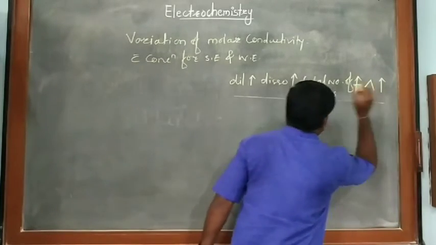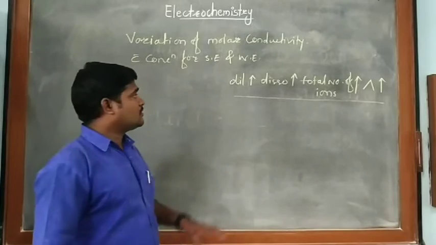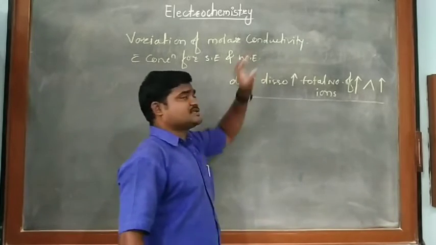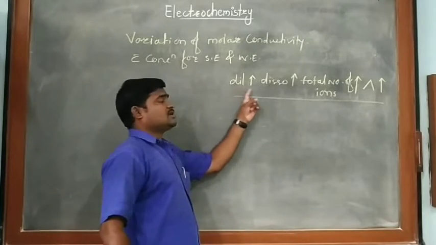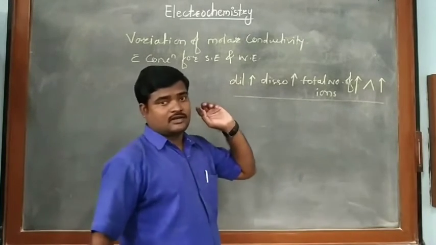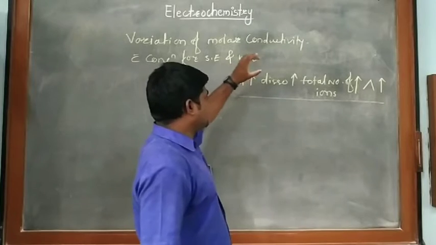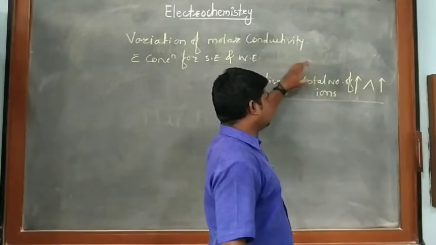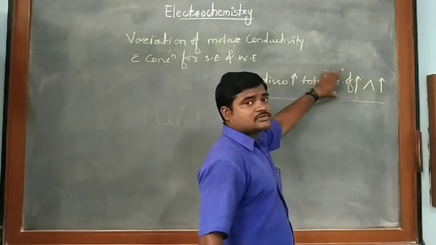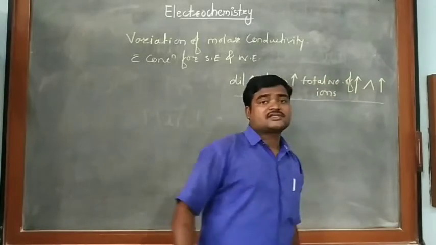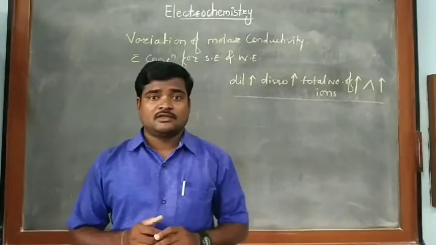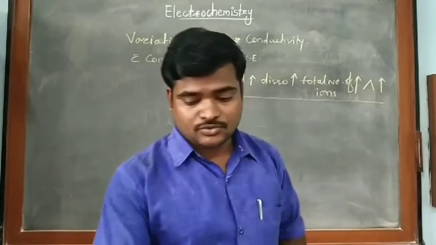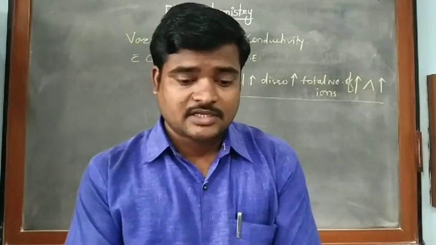So for simplicity, you should note this important relation and know it very well. As dilution increases, dissociation increases. As dissociation increases, the total number of ions also increases, which results in an increase in molar conductivity, that is lambda. So before going to the graph, you should know about all these points.